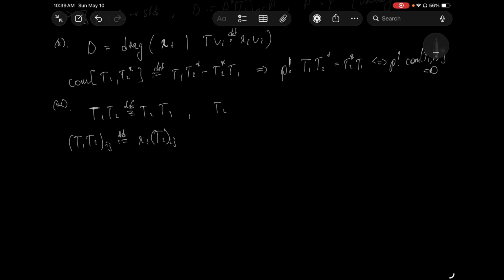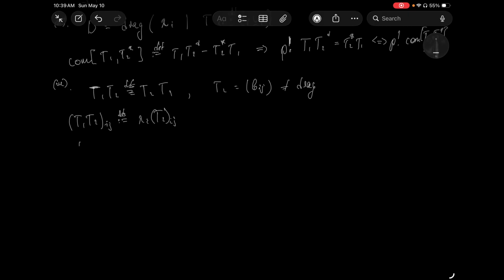And you know, T2 is actually B ij, for example. This is not necessarily a diagonal matrix. It should not be diagonal. It could be any matrix. And T2 T1 ij at the same time is essentially T2 ij multiplied by lambda j. Therefore, the difference of these elements, T1 T2 ij minus T2 T1 ij, equals 0.